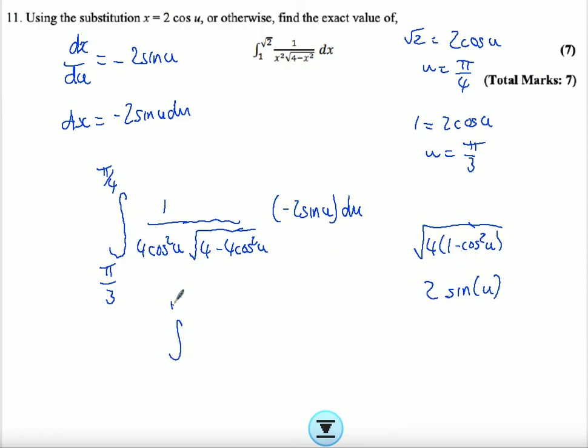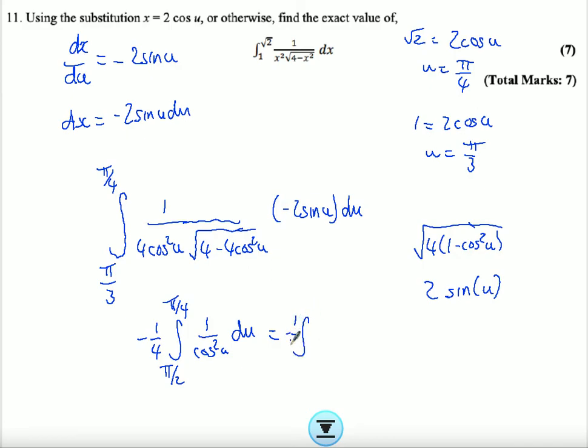So things are going to really cancel out now, which is great news. So the 2's are going to cancel, the sine u's are going to cancel, leaving us with negative 1/4, which I can take out, 1 over cos squared u du.